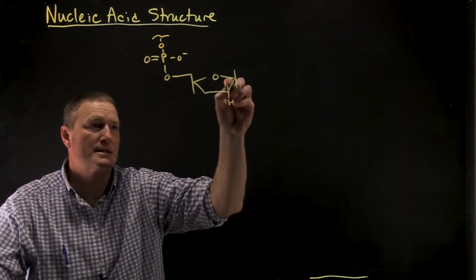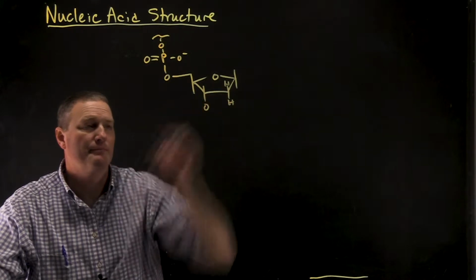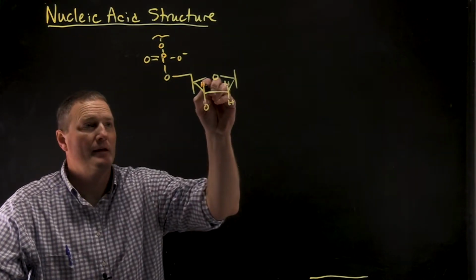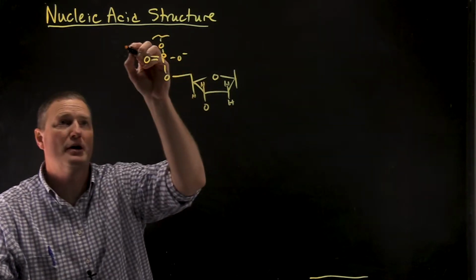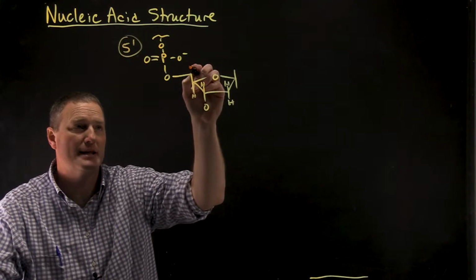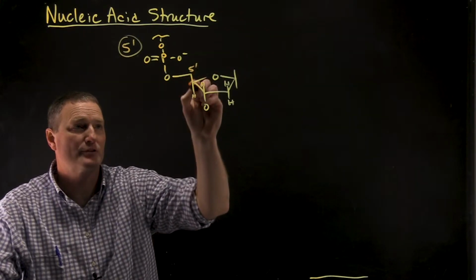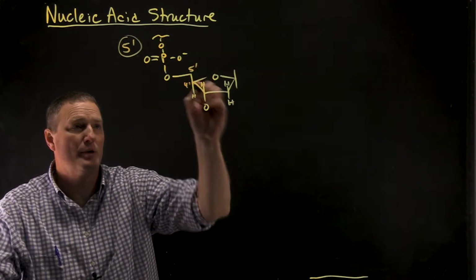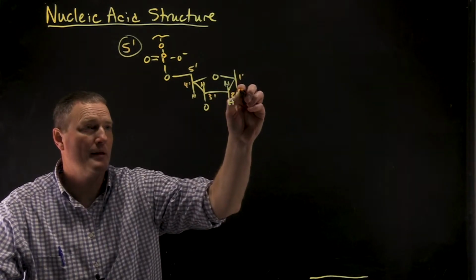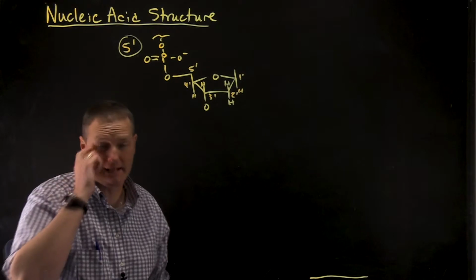So I'm going to make this little figure a part of a DNA molecule. Okay, so this would be called the 5' end up here. Notice we have a 5' phosphate. It's attached to the 5' hydroxyl, so that's 5', 4', 3', 2', and 1'. And then we're going to have our base attached here.